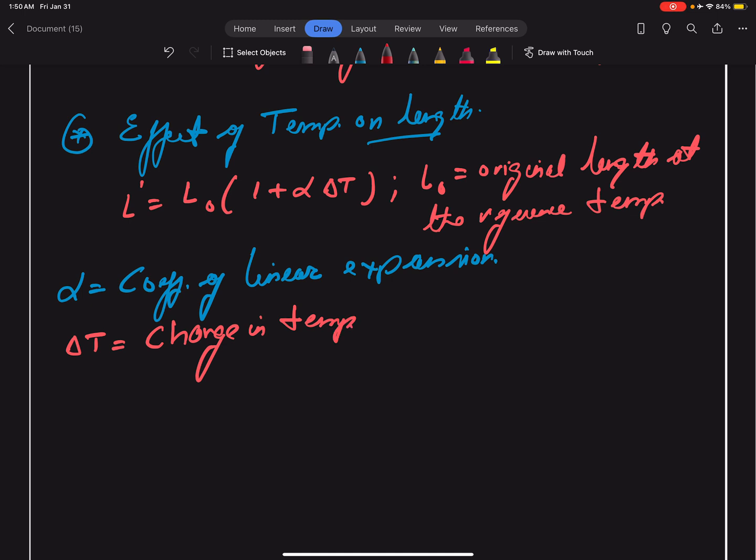And L prime is the new length which represents the effect of the temperature on the original length, that is our L naught.